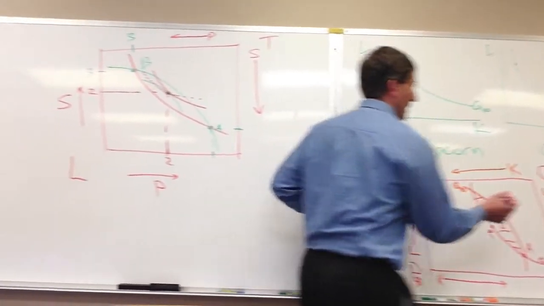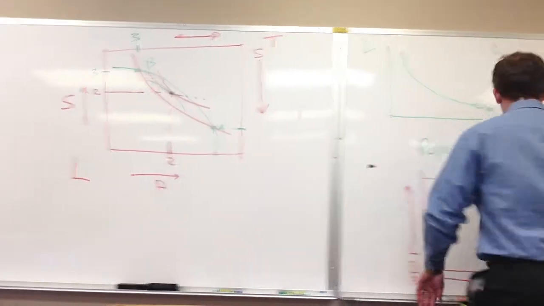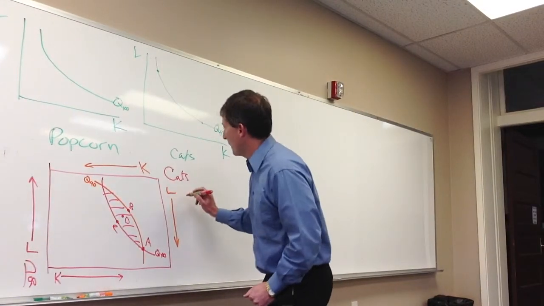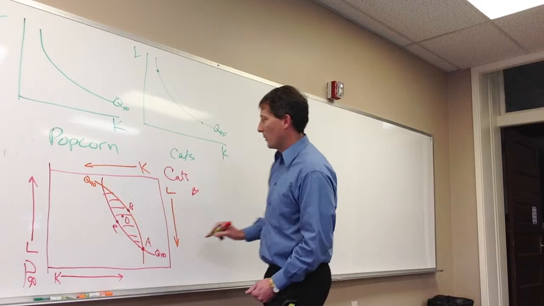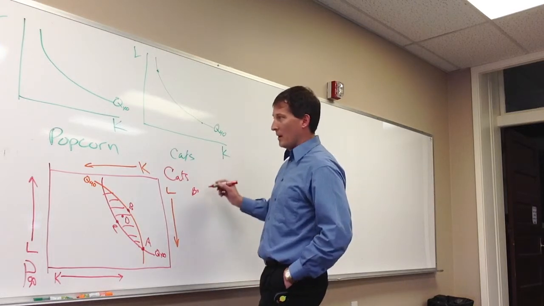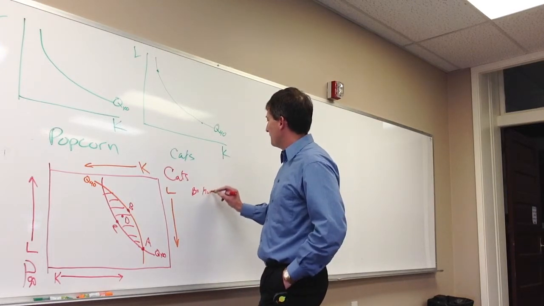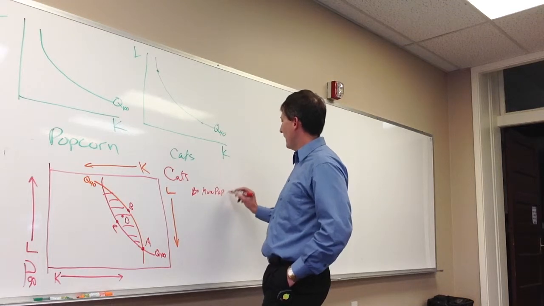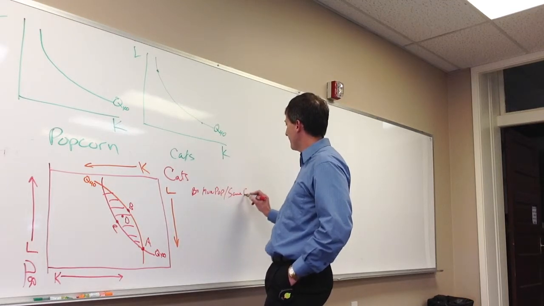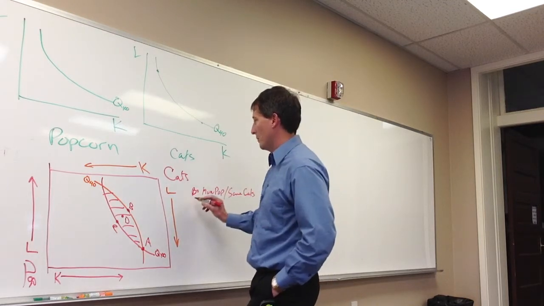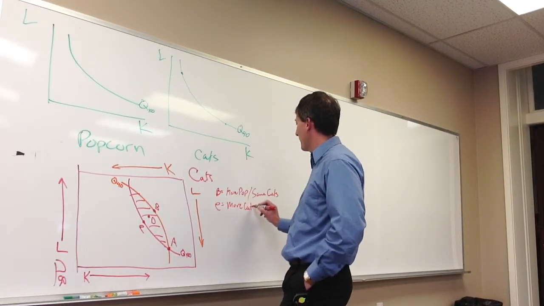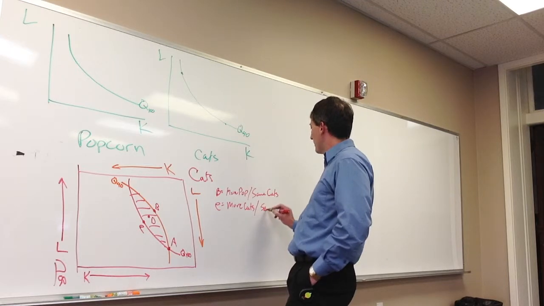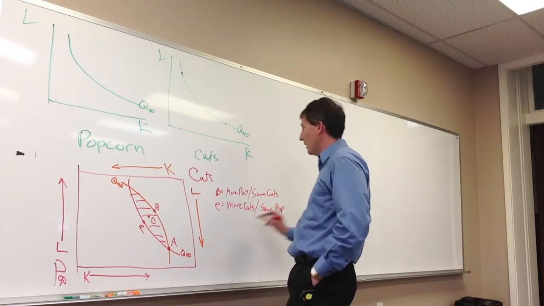Okay, so maybe for this diagram we'll just put point B here. So at point B, we have more popcorn and same cats. Point E, we got more cats and same popcorn.